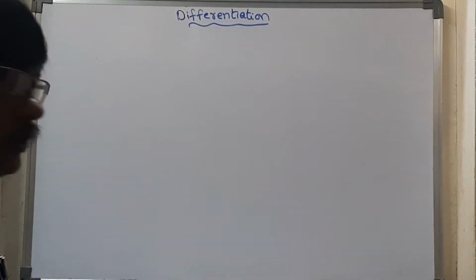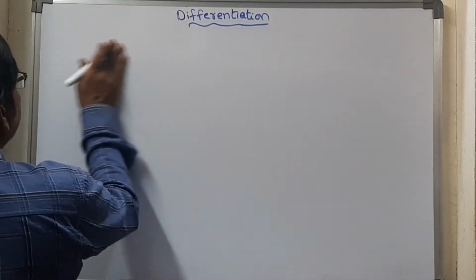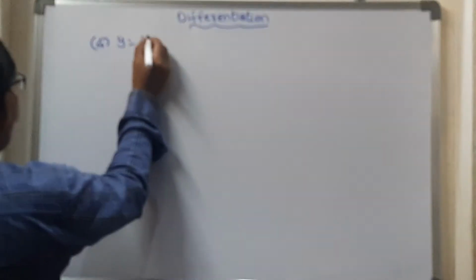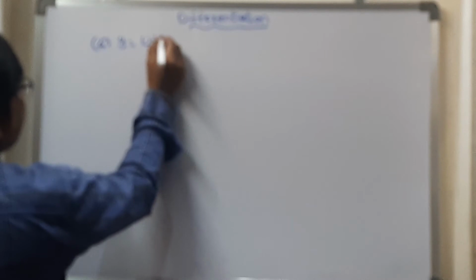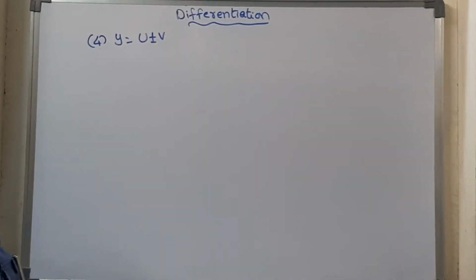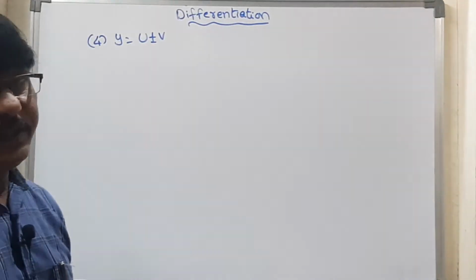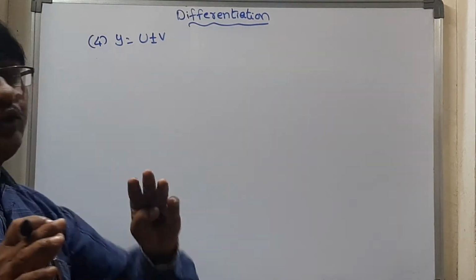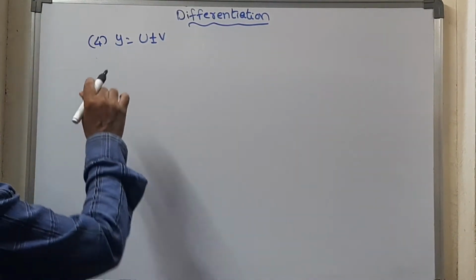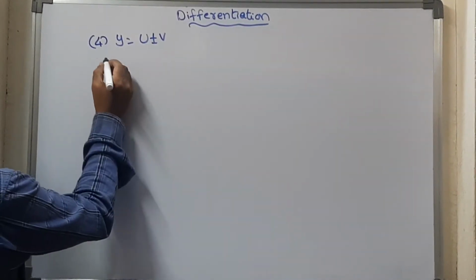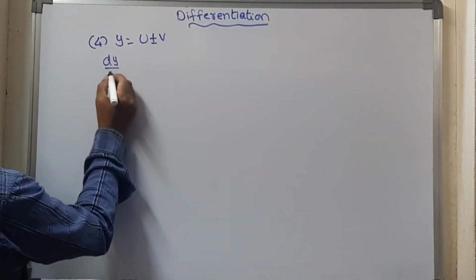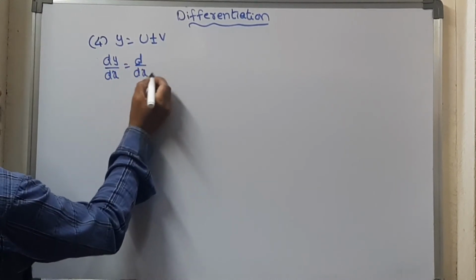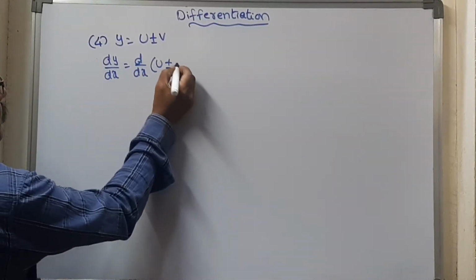Now the fourth formula. What is the fourth formula? If y is equal to u plus or minus v. What are these u and v? Those can be any x functions or y functions, whatever the functions may be. Then dy by dx is equal to d by dx of u plus or minus v.